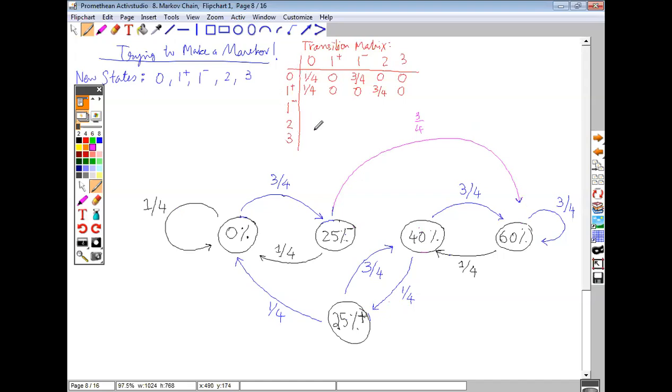The probability that you will be in future at state 0 is going to be the same. So you will observe the same probabilities here. Row 1, row 2, row 3, row 4, row 5 will all have the same numbers. And what's going to happen is that it doesn't matter if you are starting at 3 or 2 or 1 minus or 1 plus. You will have the same chance of landing in these respective states.